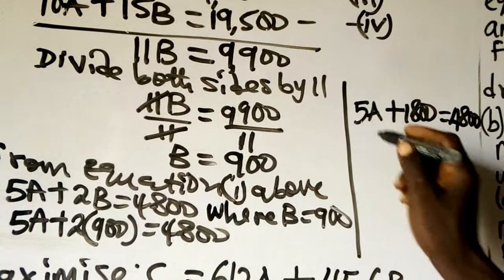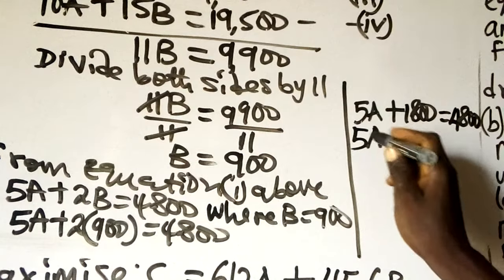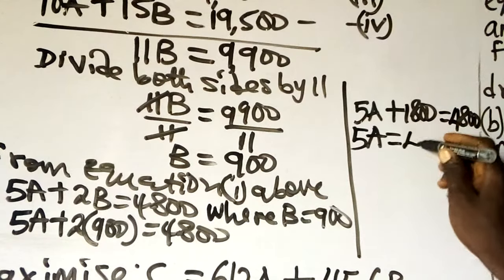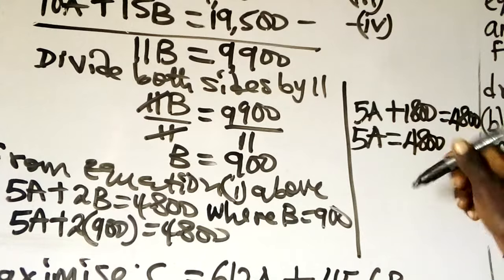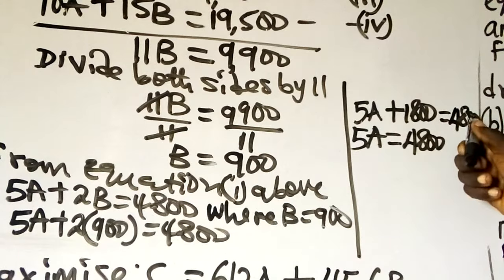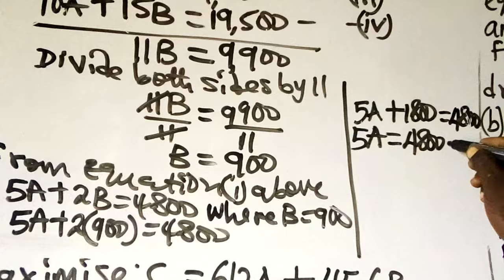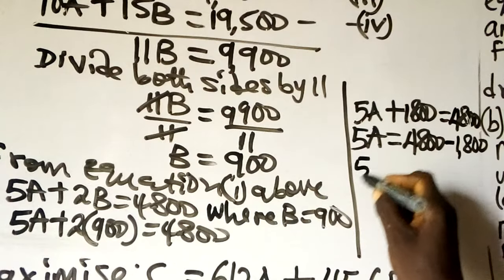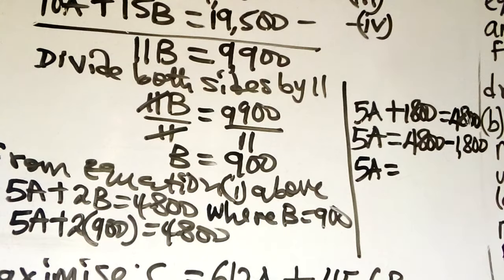So you have 5a equals 4,800. When this one crosses over, the plus becomes minus 1,800, which is 5a equals 4,800 minus 1,800.